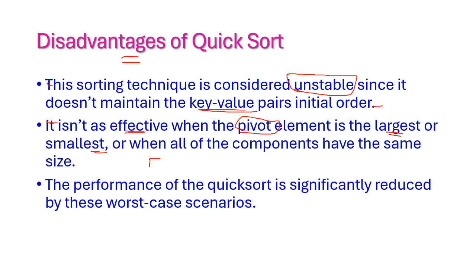For example, if the pivot element is the smallest one, then we need to move all the data items to the right side of pivot. If the pivot is greater, then we need to move all the data items to the left side of pivot, right? Hence, this is an ineffective one.